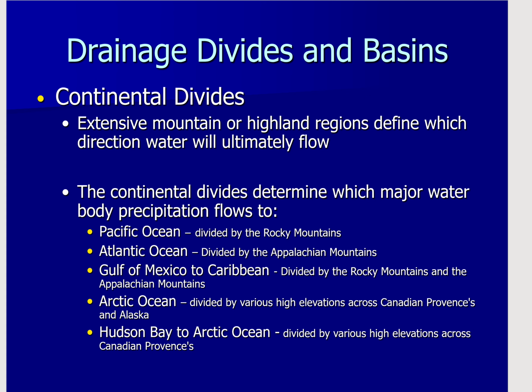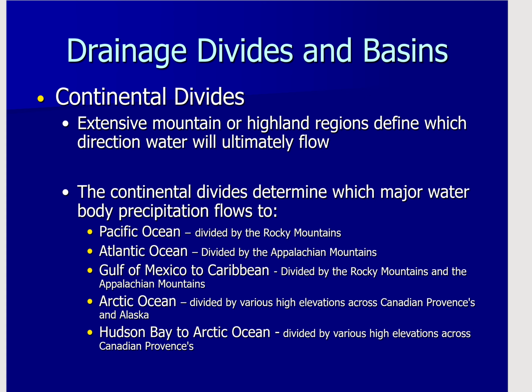The Arctic Ocean drainage basin is delineated by several Canadian provinces where the Rocky Mountains are housed, and Alaska. So the water that doesn't flow west from Alaska then flows northeast across Canadian provinces into the Arctic Ocean.